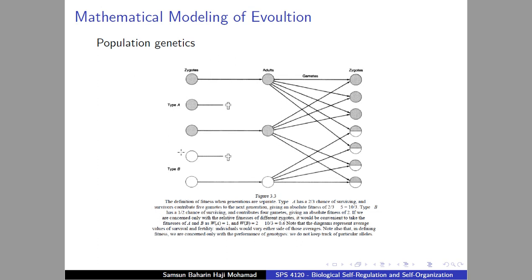We have type A and type B, zygote type A and zygote type B, from our sperm I think. Type A has a 2/3 chance of survival, and type B has a half chance of survival, 0.5.